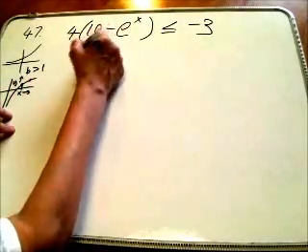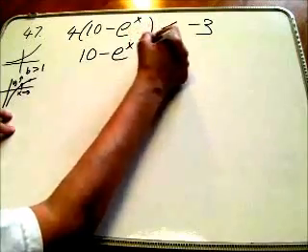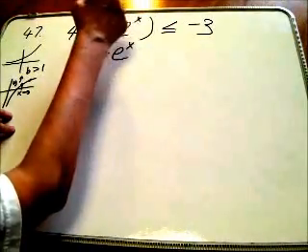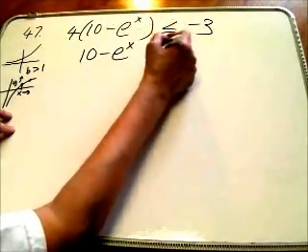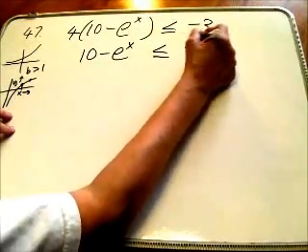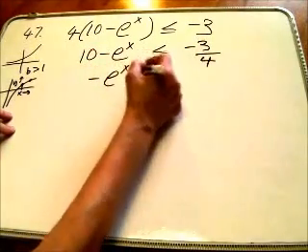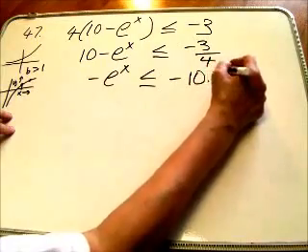All right, so with that said, let's divide by 4 because that's on the outside of everything. That would be the last thing you did if you were evaluating with x. First you'd e it, then you'd subtract from 10, and then you'd multiply by 4. So going backwards, we're going to divide by 4 first and then work backwards. So now we're going to subtract 10. And let's just change that to a decimal.